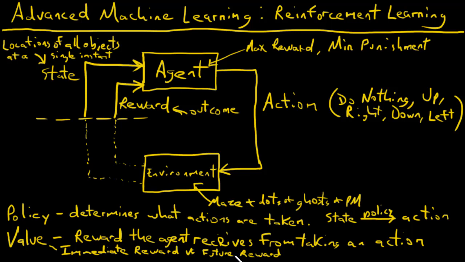Perhaps if you have a dot and a ghost immediately behind it, you move in the other direction because you don't want to get eaten, even though that dot has immediate positive value.